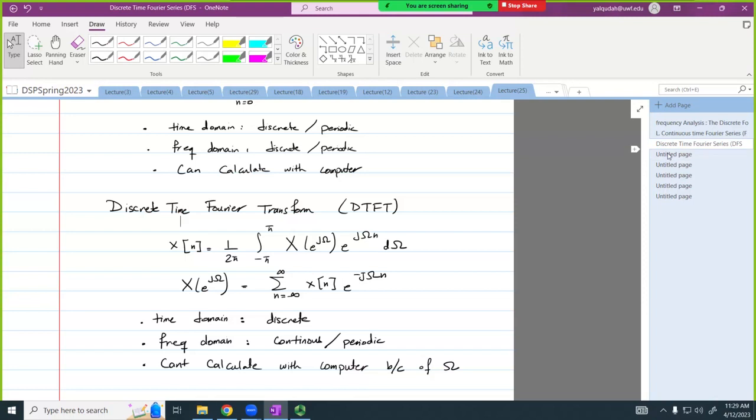Okay. So given all these four transforms, what we are going to do now is introduce a new transform that we will be able to calculate using a computer, and that will be related to all these transforms.